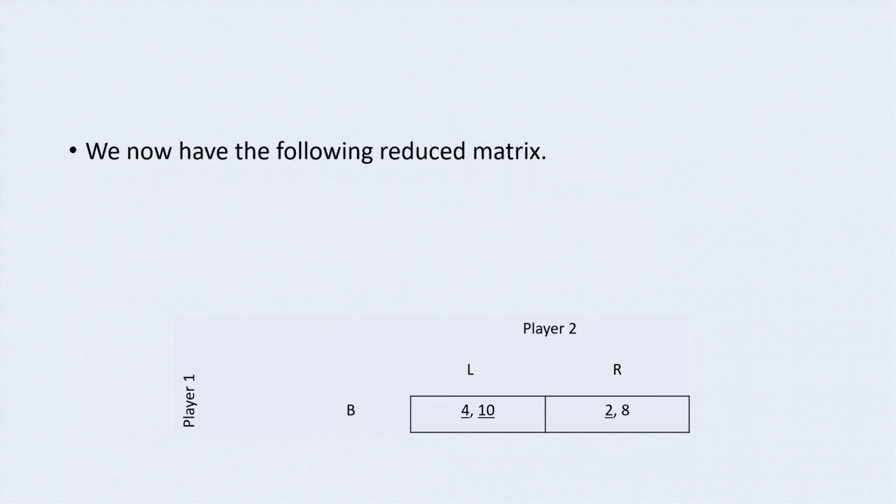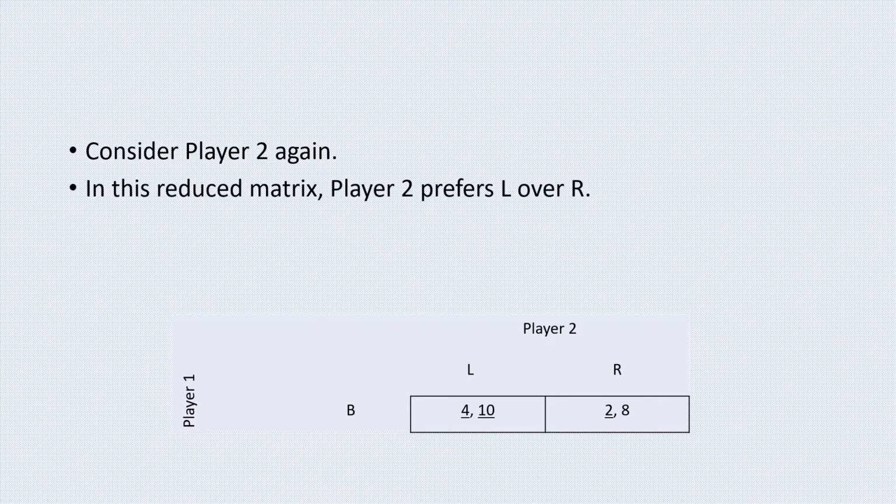This leaves us with the reduced matrix that you see on your screen. This now has only one row but two columns. Now come back to player 2 again. Player 2 has two surviving strategies, L and R, but as you can see, he is going to prefer L over R in this reduced matrix.